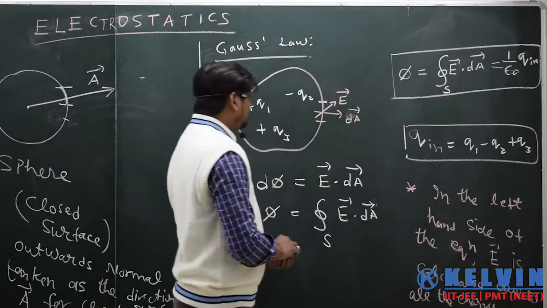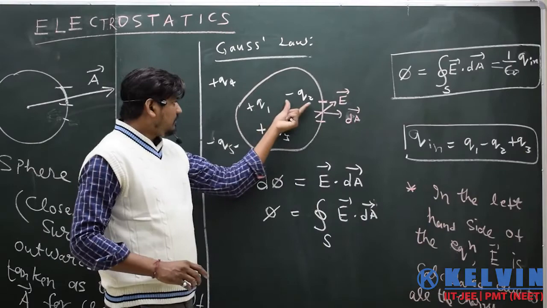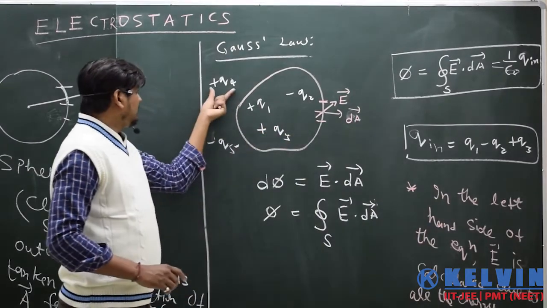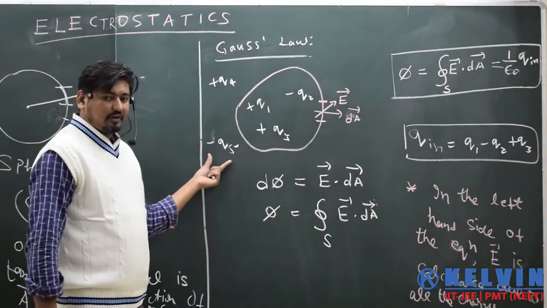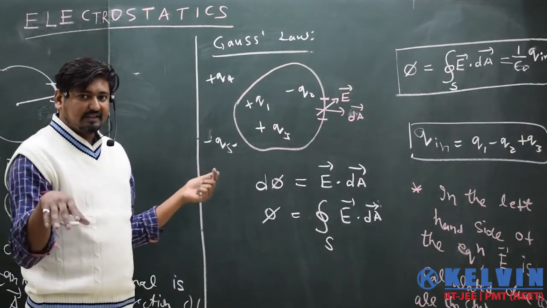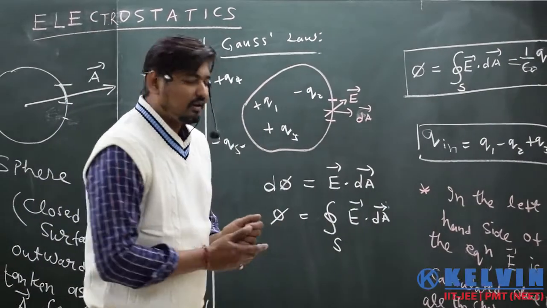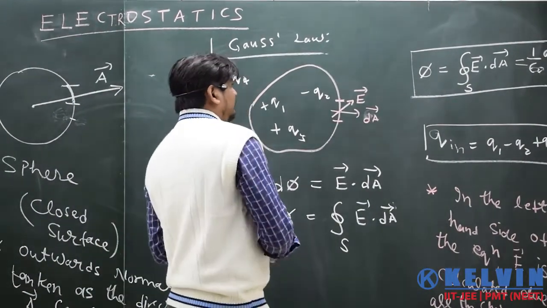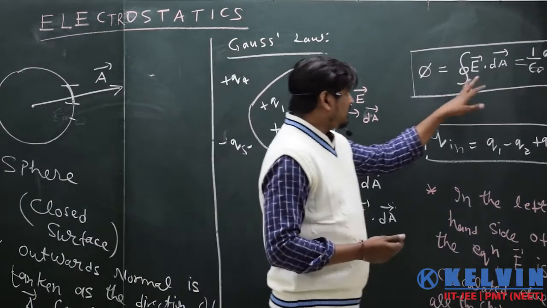All the charges means Q1, minus Q2, Q3, Q4 and minus Q5. So all the charges, whether they are inside or outside, right? So this is the statement of Gauss law.